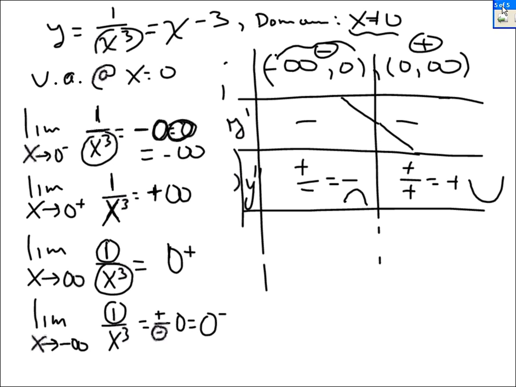Let us do so. We know that we have a vertical asymptote at 0. So it's hard to draw a vertical asymptote right above the y-axis, but there it is in red. Y, x.